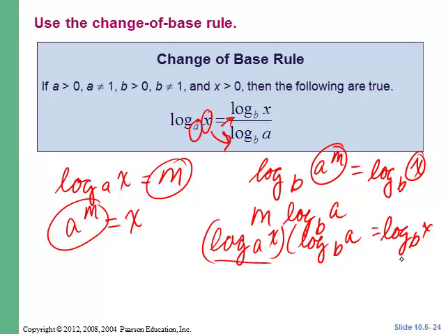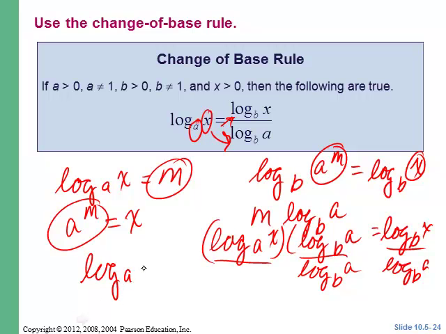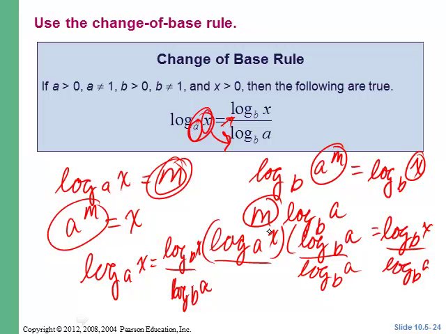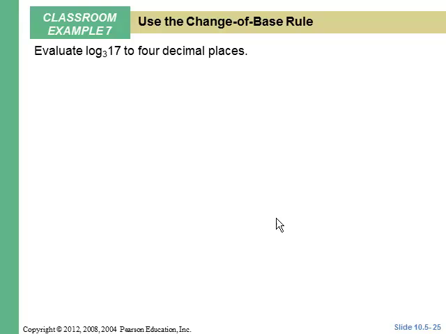Divide both sides by log base b of a. We get log base a of x equals log base b of x over log base b of a. So all we did was we rewrote this as m, then we substituted that back in here and divided out.